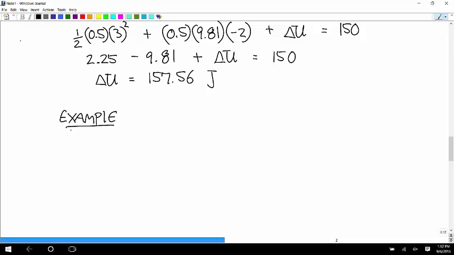Okay, so let's say that we have a gas that goes from a pressure of 2 times 10 to the 5th pascals. That can be written as 2 bar. And a starting volume of 0.3 meters cubed.